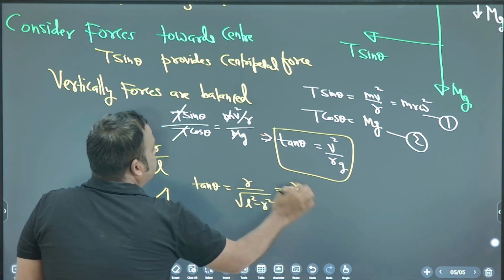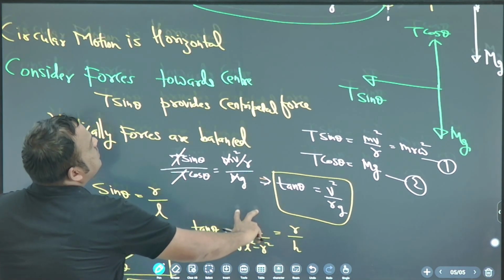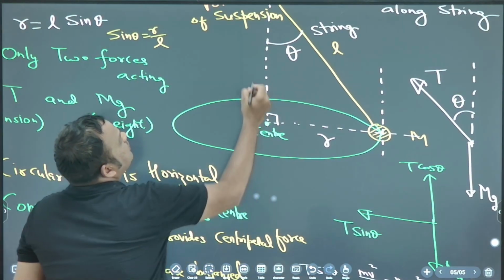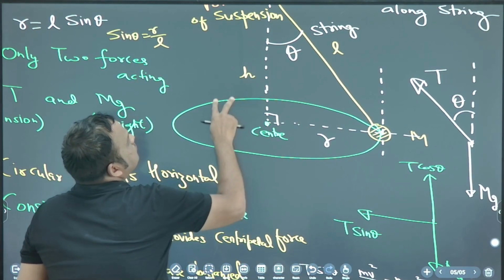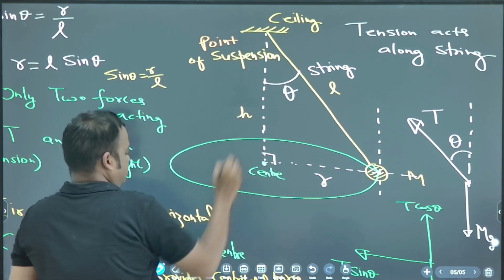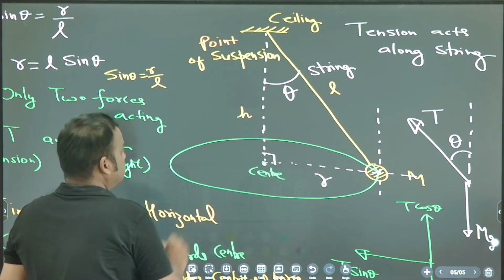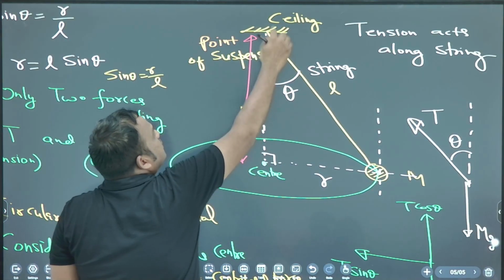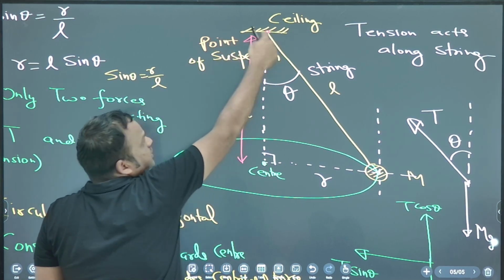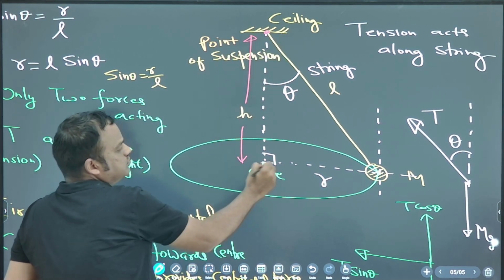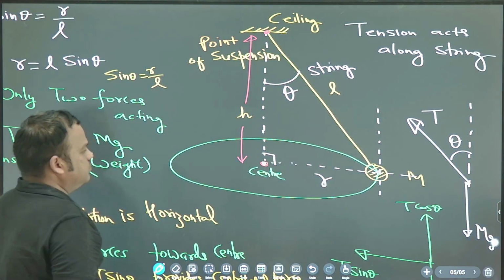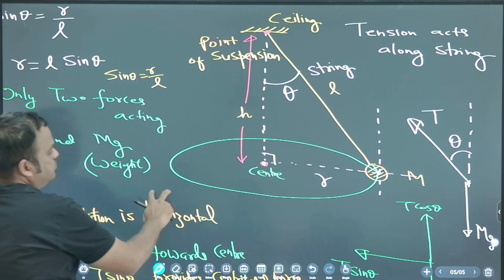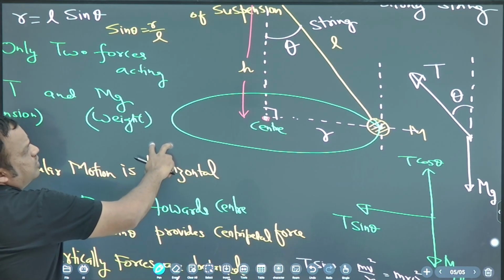See, in the diagram also you draw height. What is height? Distance between the point of suspension and the center of circular motion. That is height. Okay, clear? Height of the conical pendulum.